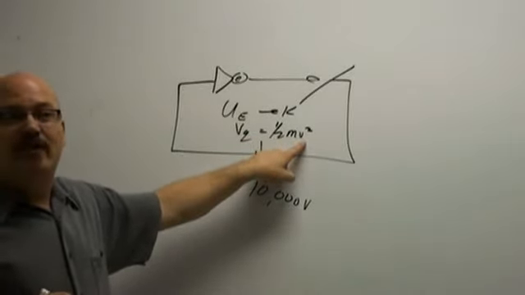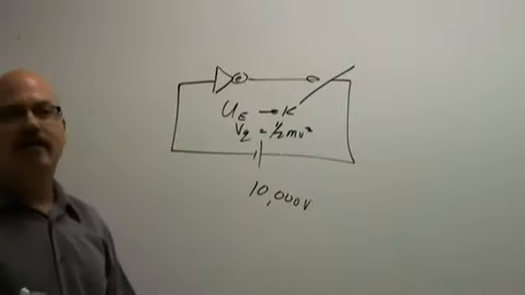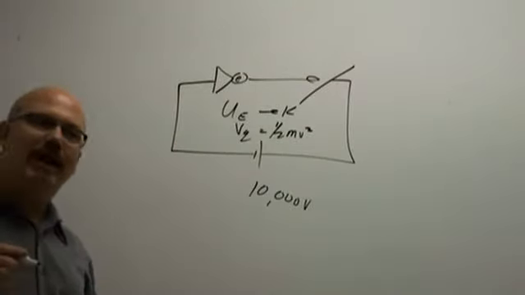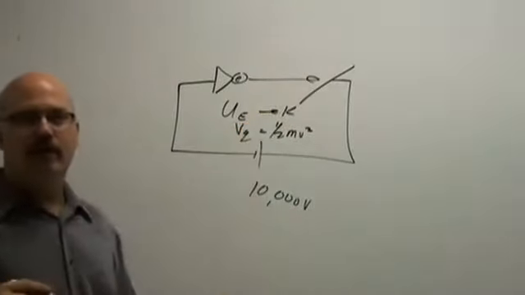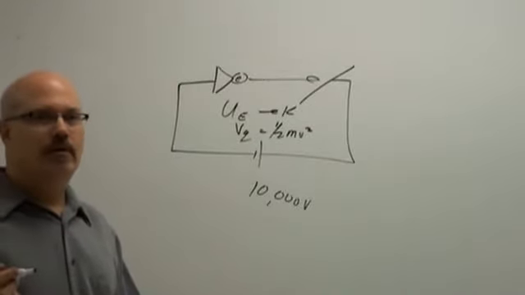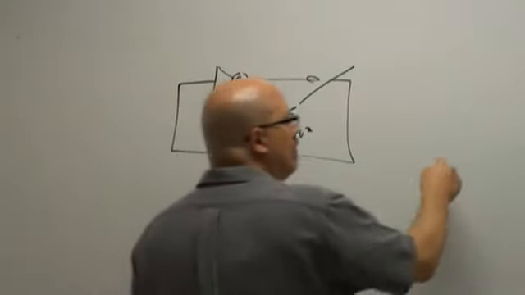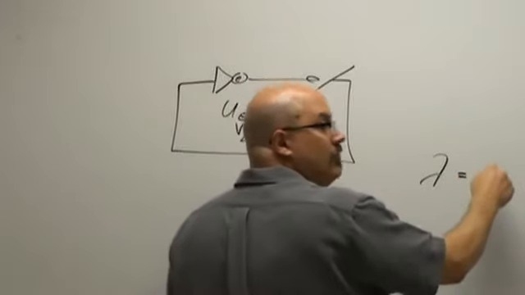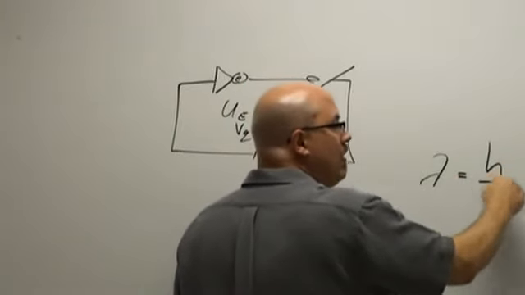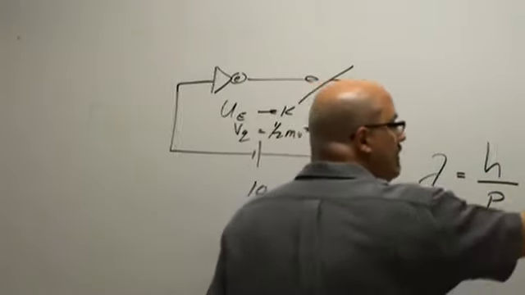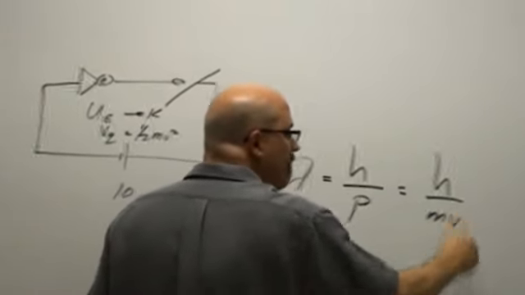Okay, once you find the velocity of the electron when it hits here, they can say, by the way, what's the de Broglie wavelength of the electron right there? It's h over p, which is h over momentum.